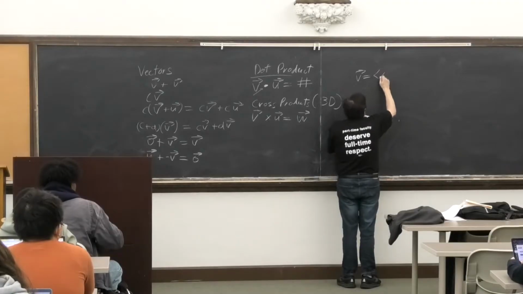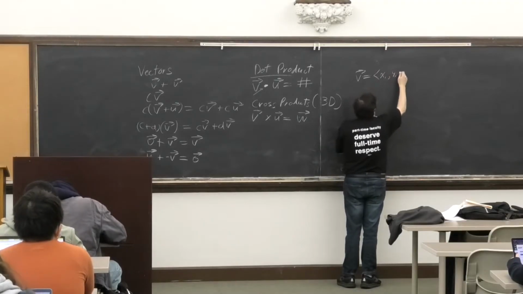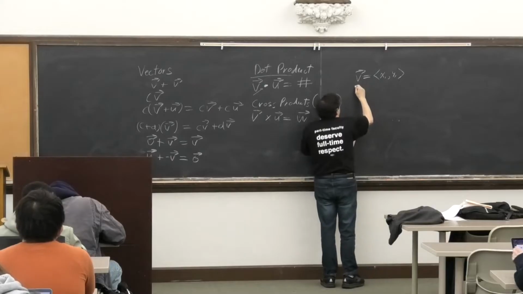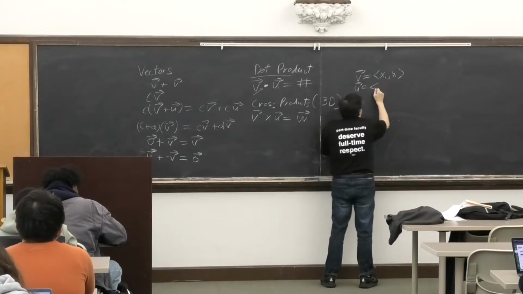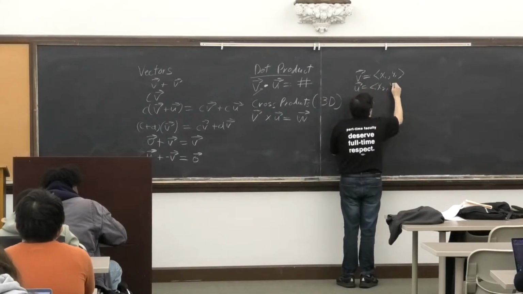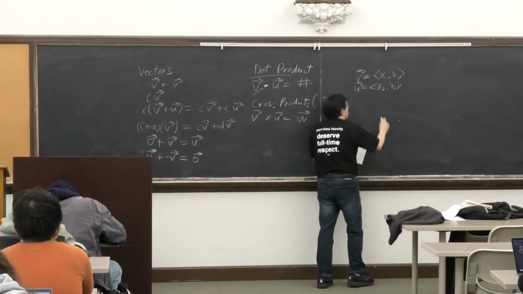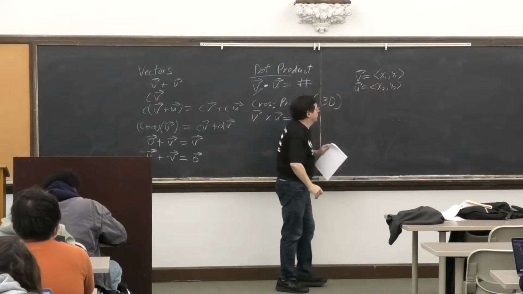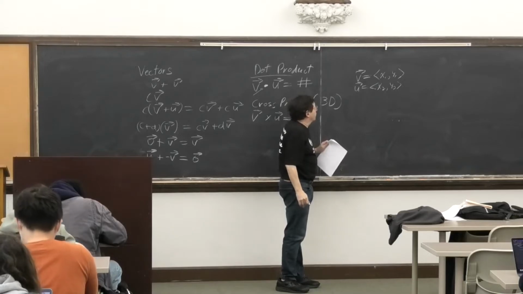If I have some vectors v and u, with v = (x1, y1) and u = (x2, y2), this is the position form.